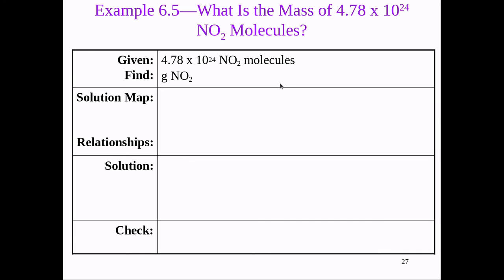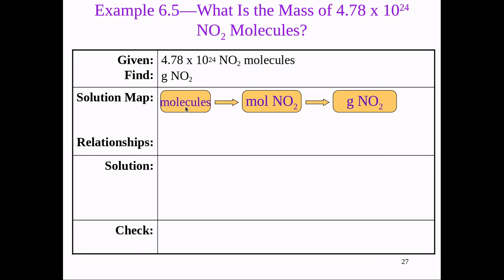So this is going to be the reverse of the last problem where we were given the mass and then asked to find the number of molecules. But again, we're not going to let that sway us. We're just going to reverse our solution map, and we're going to realize that again, we have to use moles as the intermediate between molecules and mass.